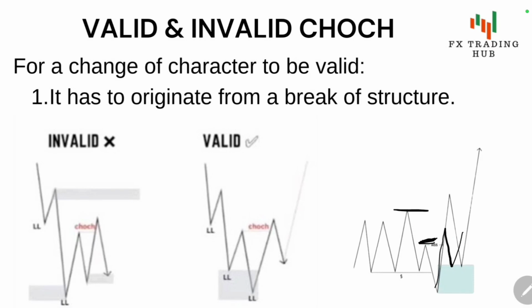But this origination here was broken, and now before the move up, this was broken as well here, because this is the origination of the break of structure. This is the last break of structure. So it was broken before they moved to the upside.